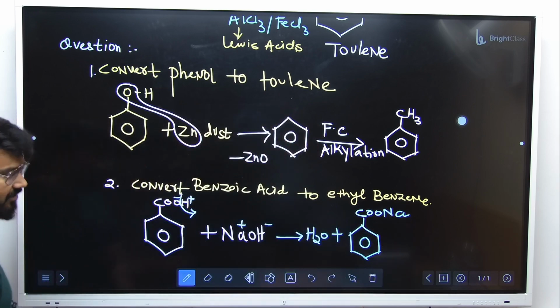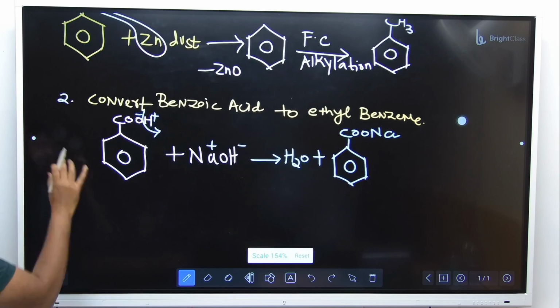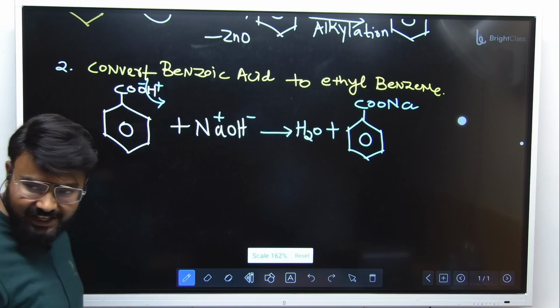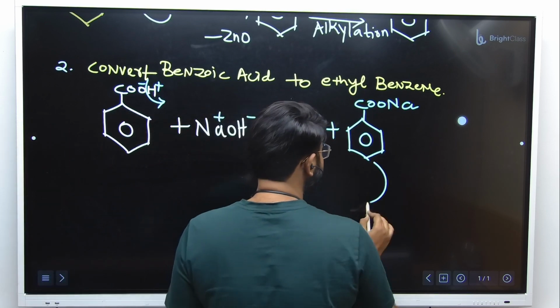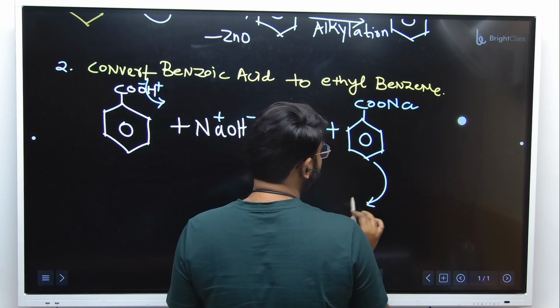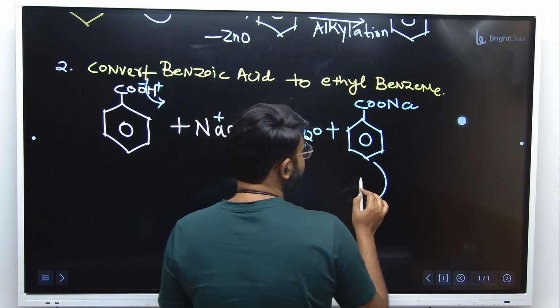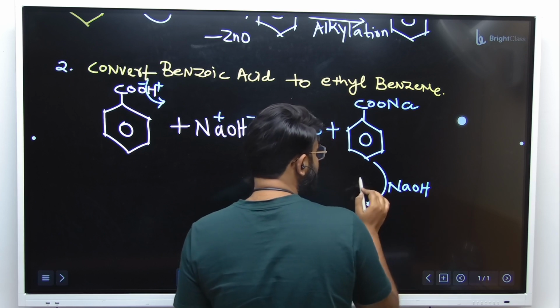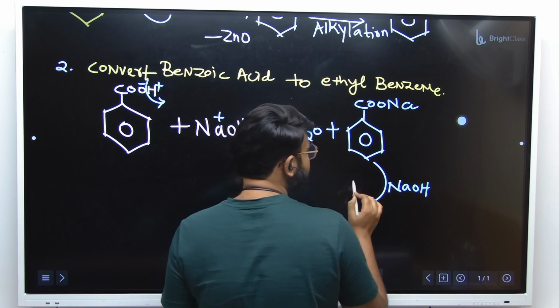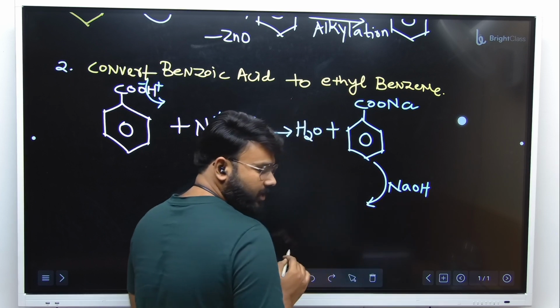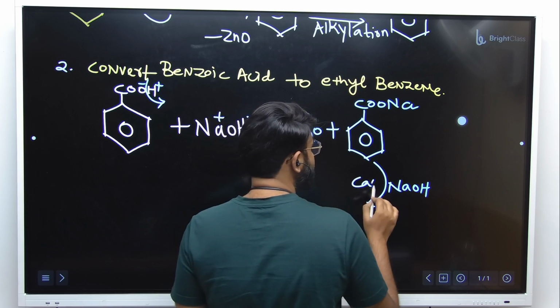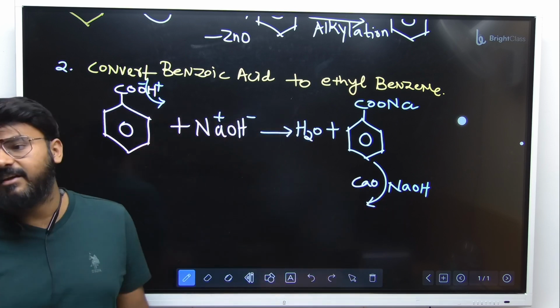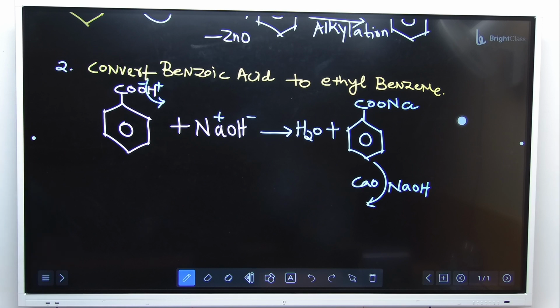Is it clear? Once you have the sodium benzoate, you can do decarboxylation. How do you do decarboxylation, Avantika? What are the things you will add here? NaOH, that is soda lime. Yes, soda lime is NaOH plus quick lime, CaO, right? I hope it is clear. Guys, got it, no?